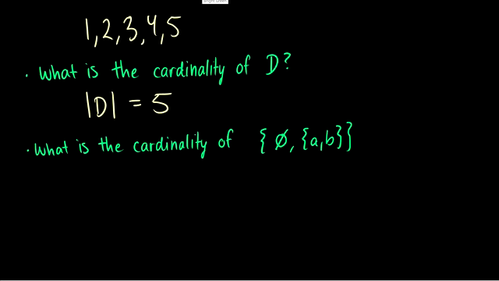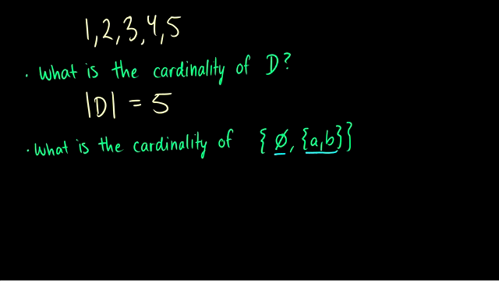Okay, so how many elements are in the set? And when we look at sets, it's kind of like looking into a box and saying, well, what can I see? I see an empty set, and I see another set.